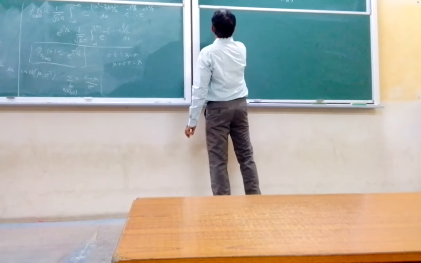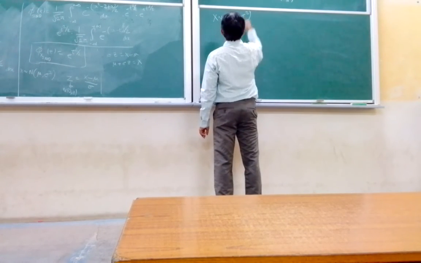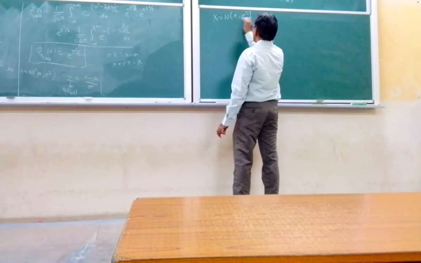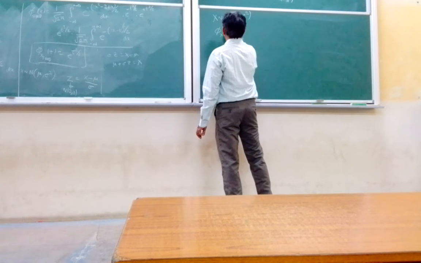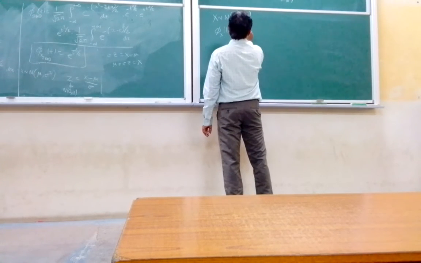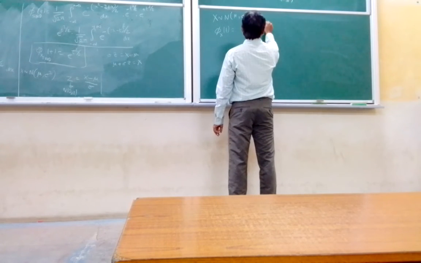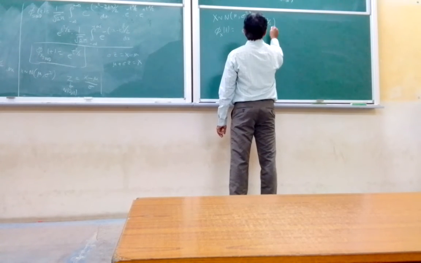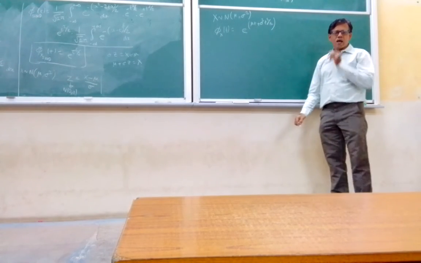So now we will summarize. X is normal, mean mu, variance sigma squared. Then psi x of t is e power of mu t plus sigma squared t squared by 2.